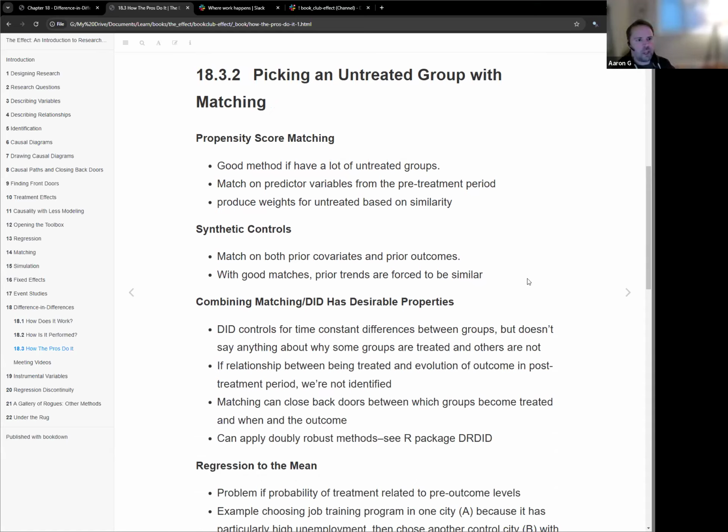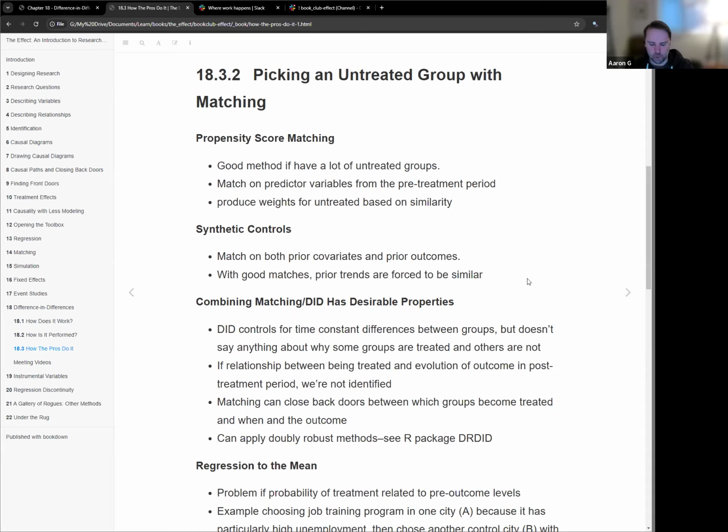Okay, this is pretty interesting though, how you go about picking an appropriate untreated group, your control group. And again, we just talked about this earlier study that used propensity score matching. We talked about that approach much earlier in the book. If you have a lot of different untreated groups, this may be a good way of getting your control.